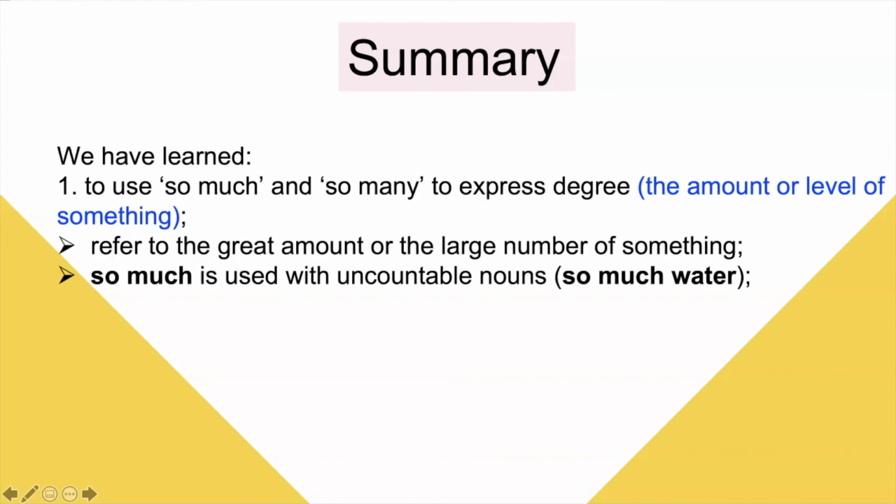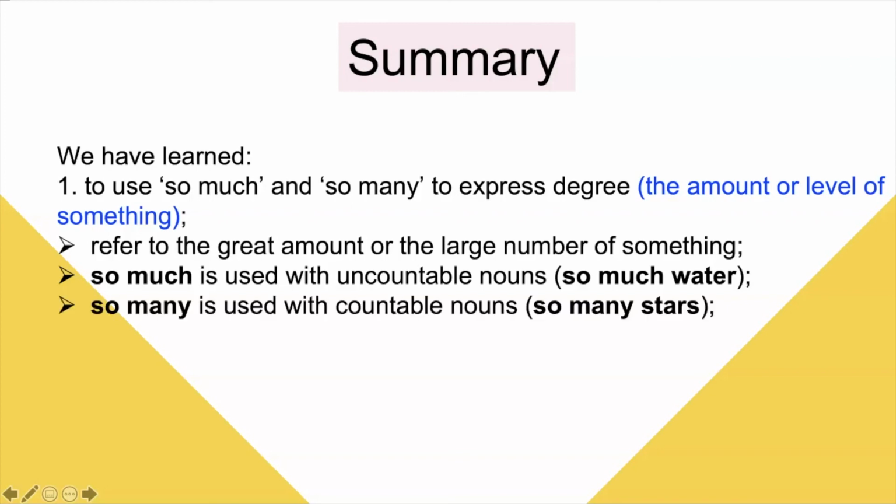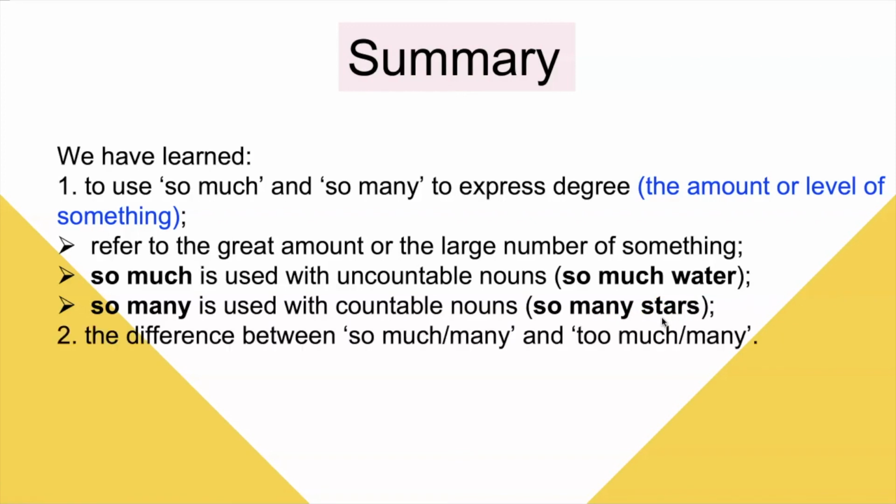We use so much with uncountable nouns like water, money, and rubbish. We use so many with countable nouns like stars, apples, cars, students, children, etc. So we have also learned the difference between so much, so many, and too much, too many. Remember, don't mix them up.